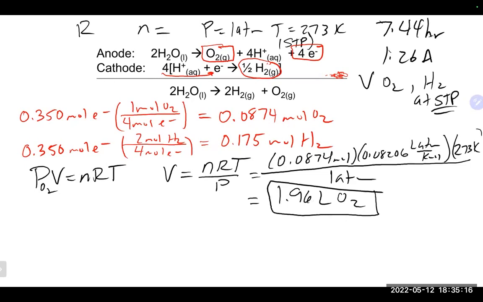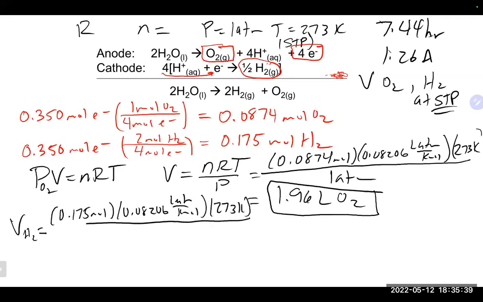We could also obviously do the same thing here for hydrogen. Everything will be the same except that we will have a different moles, which would be 0.175, times 0.08206, times our 273 Kelvin, all once again divided by 1 atmosphere.